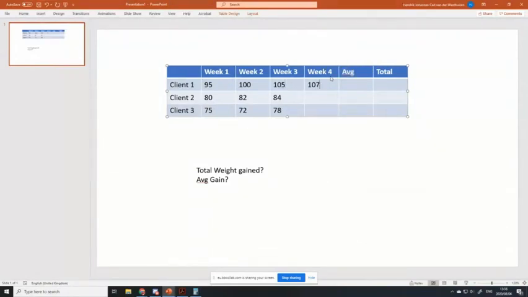So let's say 107, we can go 90, and we can go 80. If you look at the total weight gain, you'll see that the total weight gain here is now 12 kilograms. The second one will be 10 kilograms, and the last one would be 5 kilograms.